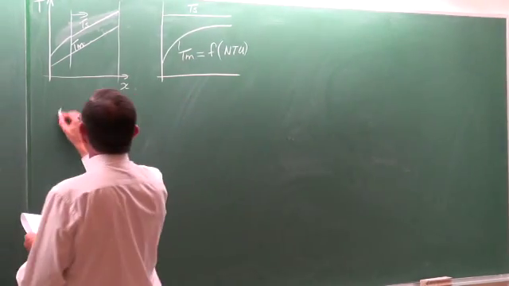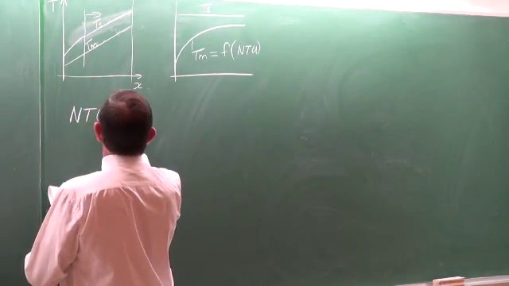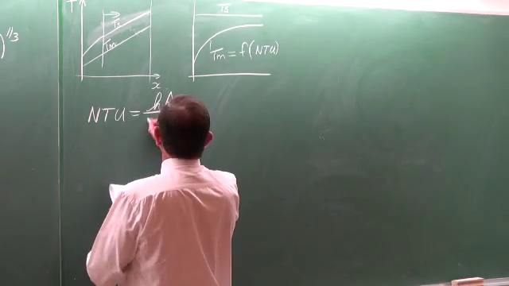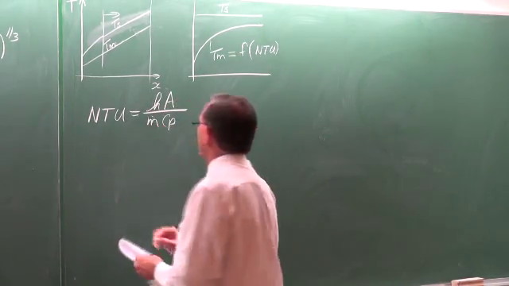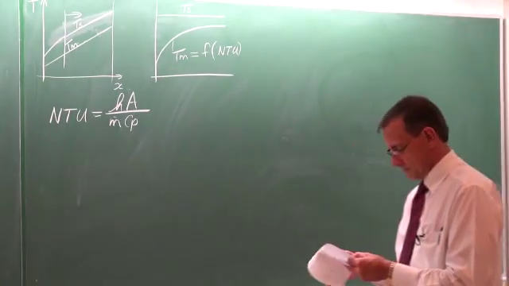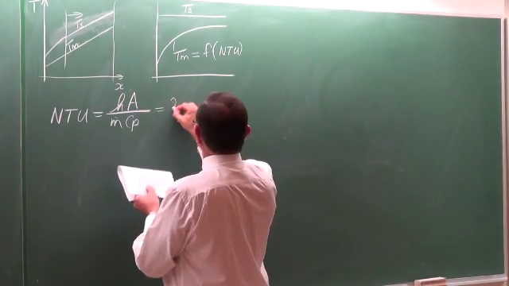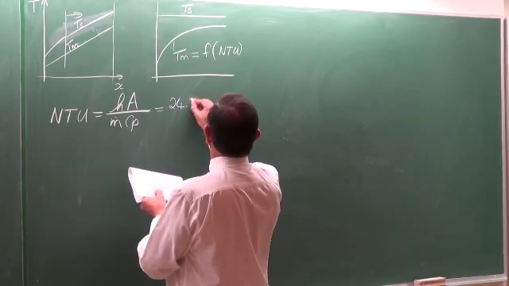Okay. So let's calculate the NTUs. The NTUs is equal to the heat transfer coefficient multiplied by the area divided by the mass flow rate multiplied by the Cp. The heat transfer coefficient is equal to 24.02.